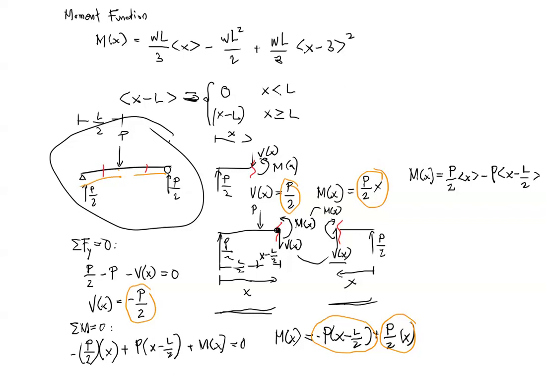Sini-state lang niya na if negative, kung meron kang value ng x such that this term right here gives a negative value, that will be equal to 0. So, therefore, magre-revert siya to this. But if x is greater than L over 2, this becomes a positive term. Therefore, this exists. This becomes this term right here. So, yun lang naman yung Macaulay na function.